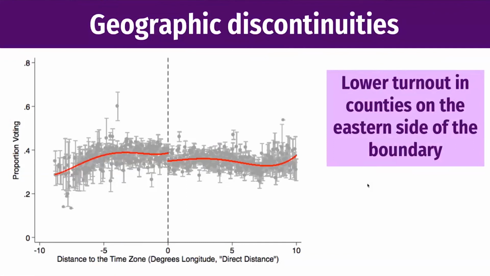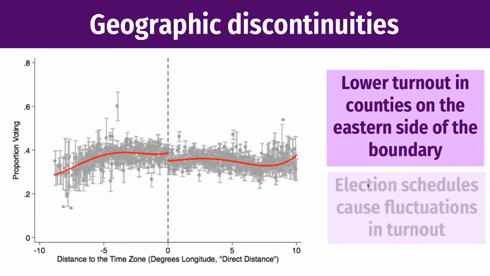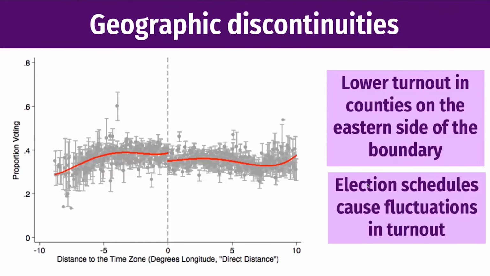But it feels darker in eastern Alabama. And so there's lower turnout, which is crazy. And so election schedules, depending on like if you have fall time elections, where it's really dark in eastern parts of time zones, that actually lowers voter turnout, which is pretty crazy. And so like that's like a real live regression discontinuity here.